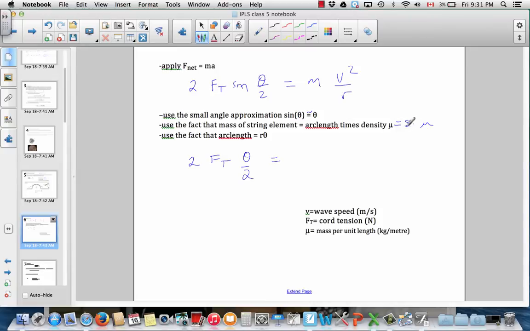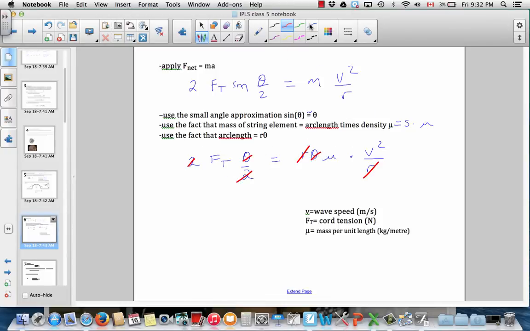But now arc length by the arc length formula is equal to the radius times the angular displacement. So for mass then, I can say it's r theta times mu. That's the arc length, that's the linear density. And then, of course, I have v squared over r. Now, simplifying this a little bit, I see that radius cancels, the 2 cancels, and the theta cancels.